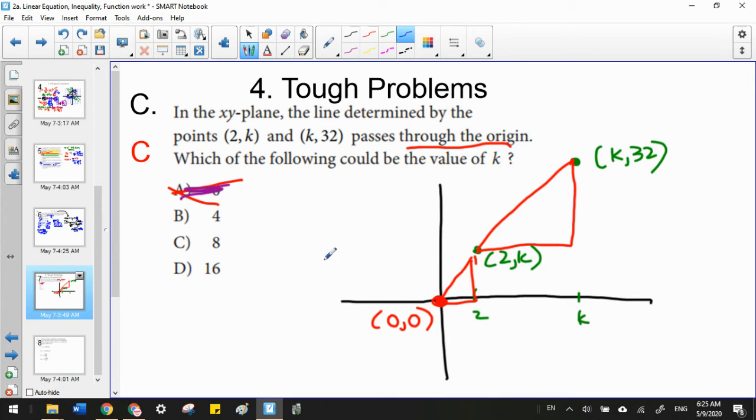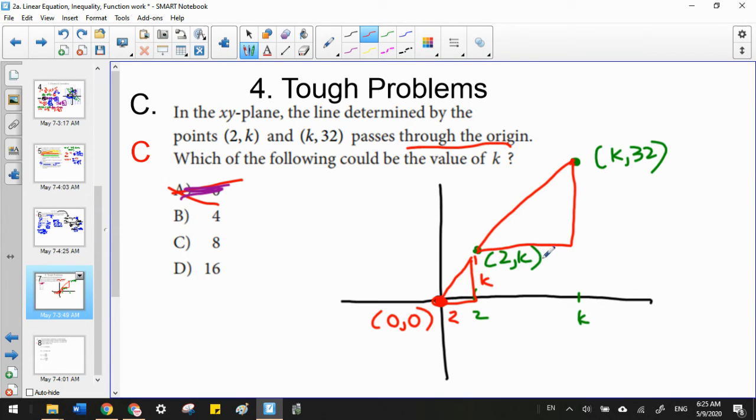Now, let me show you how much this problem could suck if we don't use the answer choices. The way you would try to do this so that it's not a terrible experience is you would say, okay, the change from (0, 0) to (2, k), there's a horizontal change of 2 and a vertical change of k.